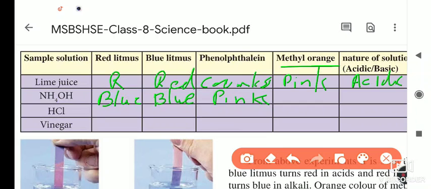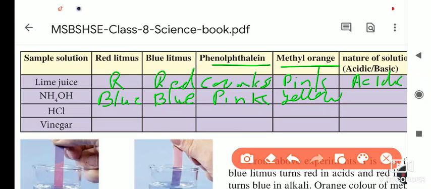Actually, one point I forgot to tell you: phenolphthalein is a colorless solution. You know that methyl orange is orange in color. So when this orange methyl orange is added into the NH4OH, it turns yellow.